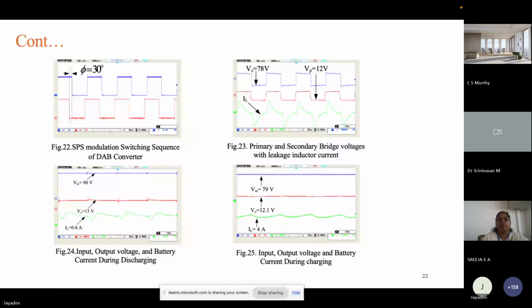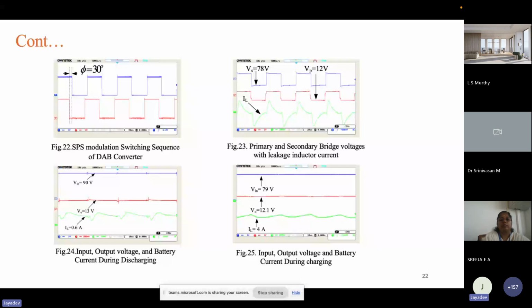We have given 90 volt input on the primary side, and it is stepped down to 13 volt to charge the battery. This is buck mode. The labeling is reverse, sorry for that. And figure 25 is again the discharging case.